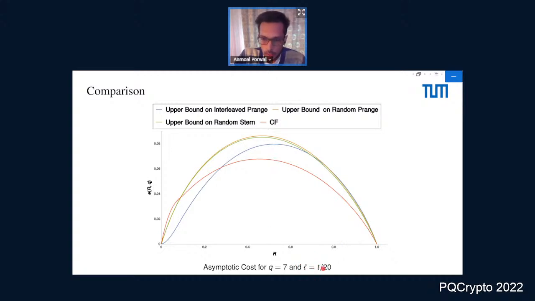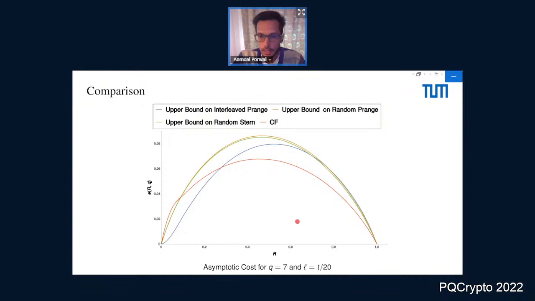So L is close to about T over 20. And they're also generally high rate codes, like at least 0.6. So in that case, CF-based Prange is indeed better and would determine the security level for those parameters.